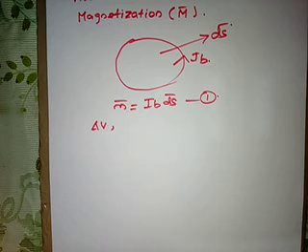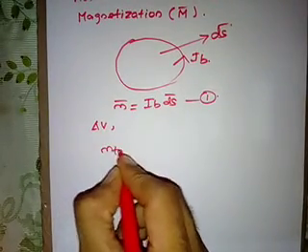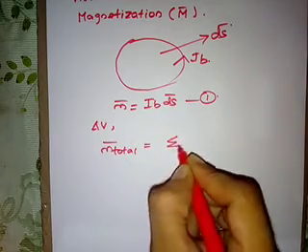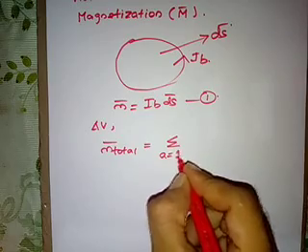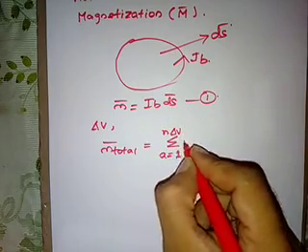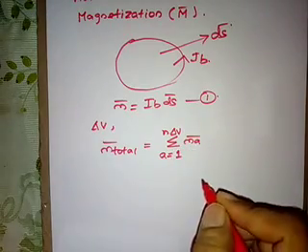M total is the summation, for A equal to 1 to n, of n delta V, the individual magnetic dipole moment.